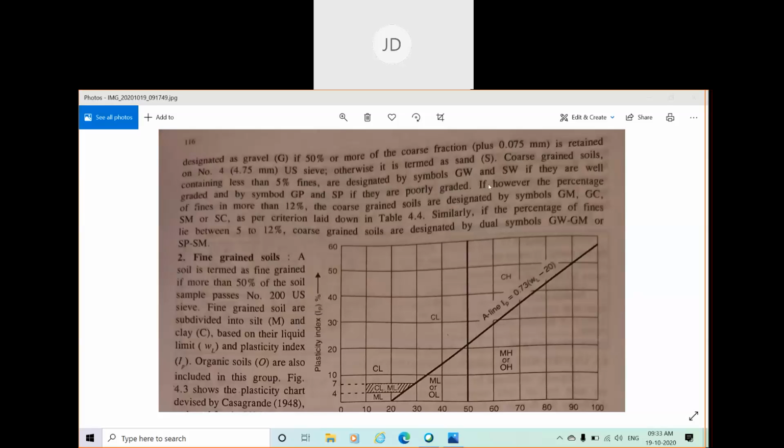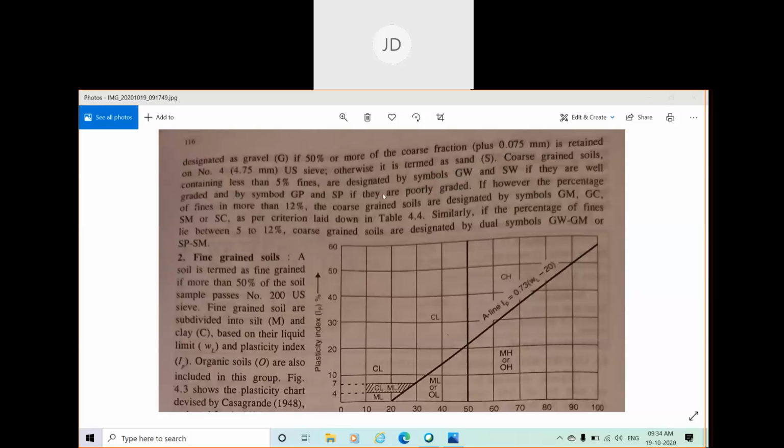If the coarse grained soil contains less than 5% fines, then that type of soil is designated as what? GW or SW. If your coarse grained soil is gravel, then the soil will be denoted by capital G, G for gravel.